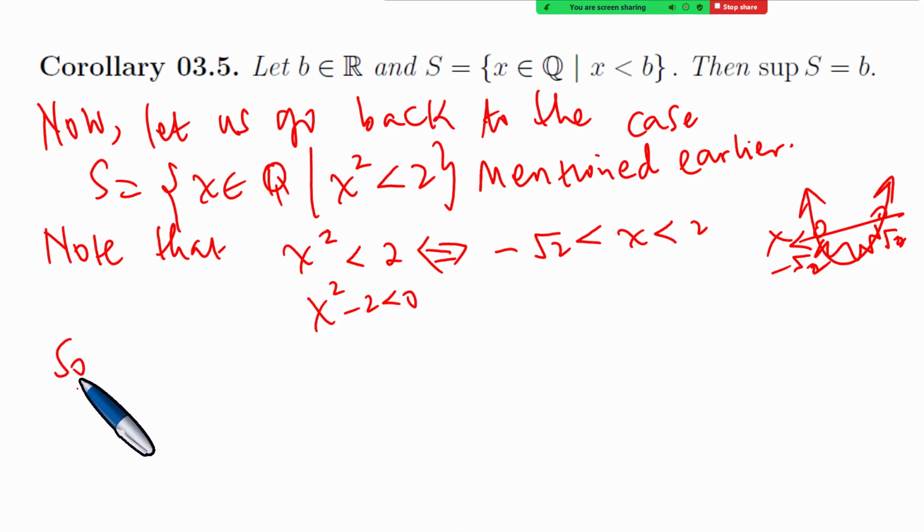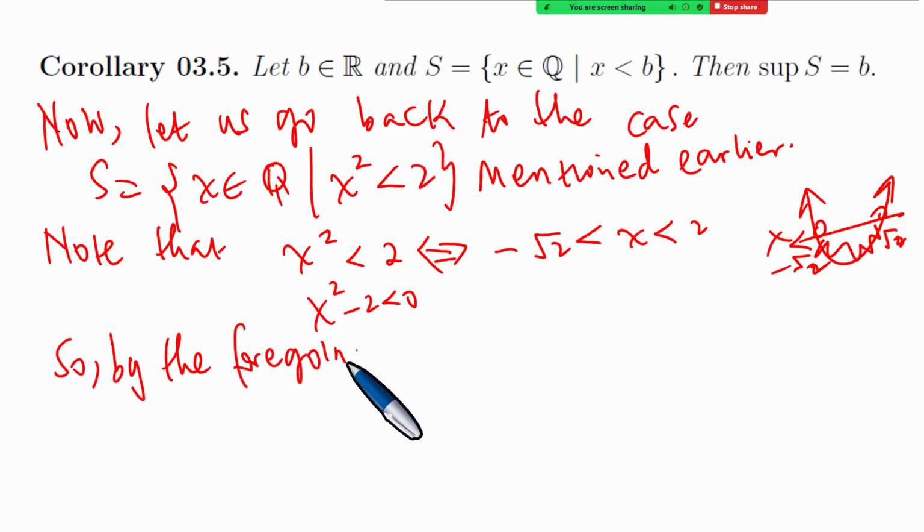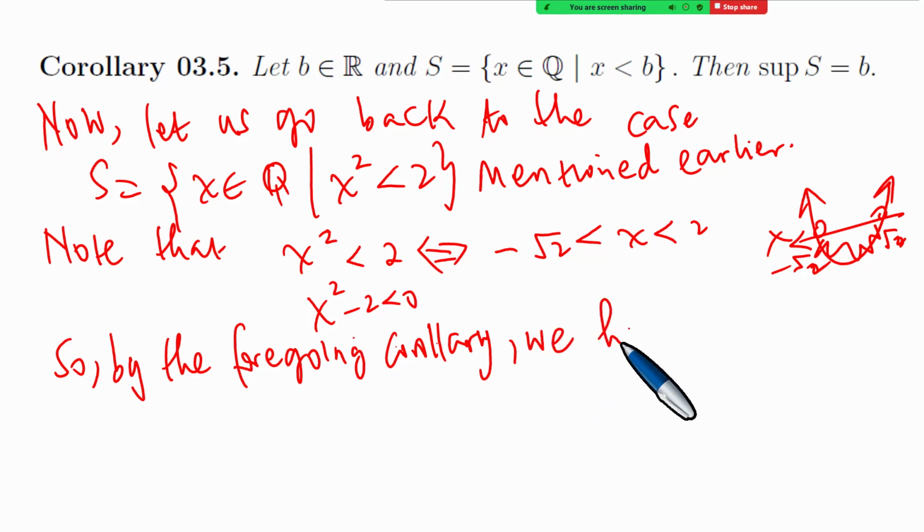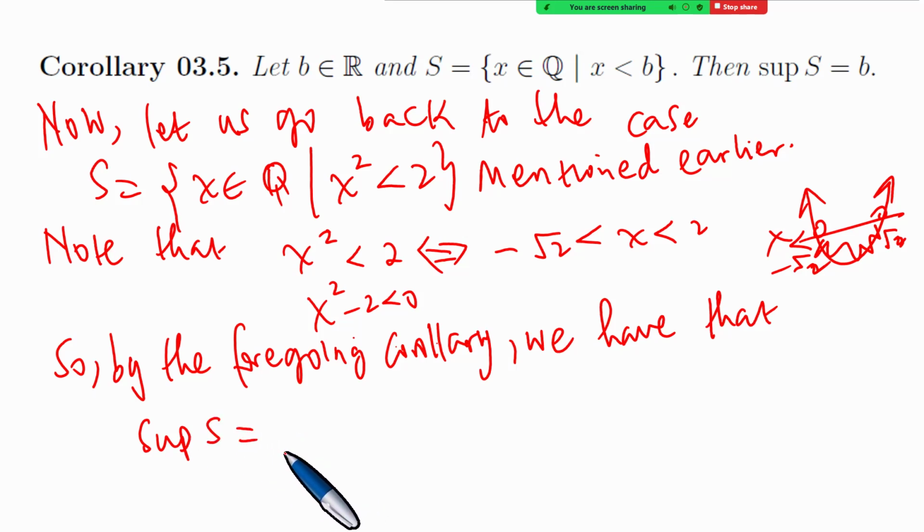So by the foregoing corollary, we have that, because we're learning how to find the supremum just because it's an interesting thing to do for us to understand the course.